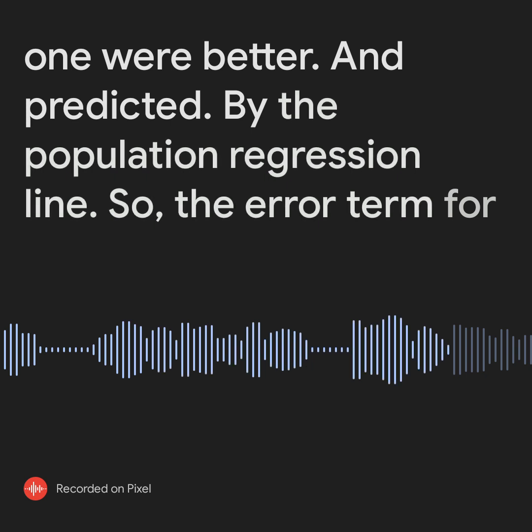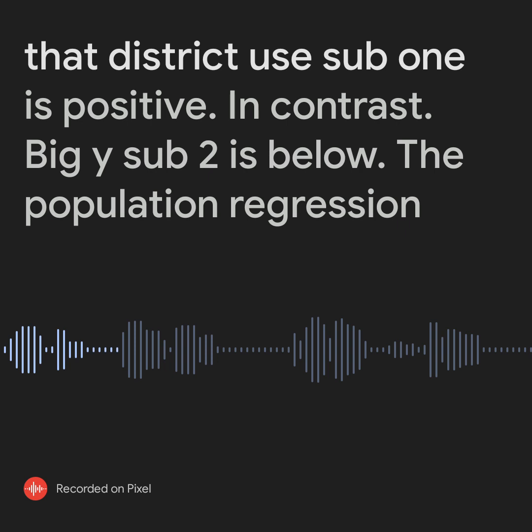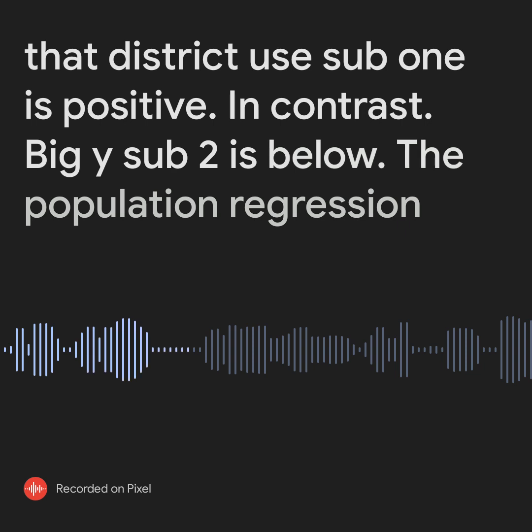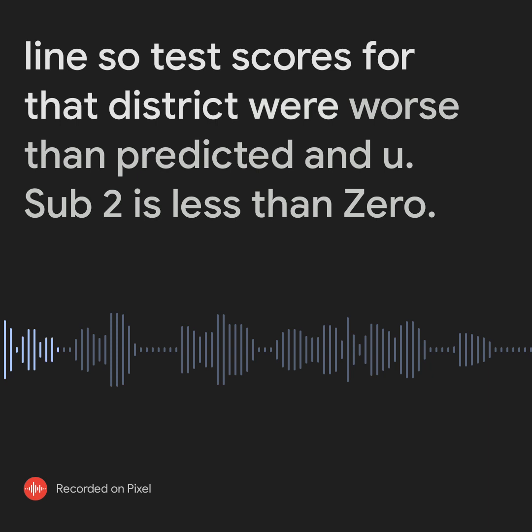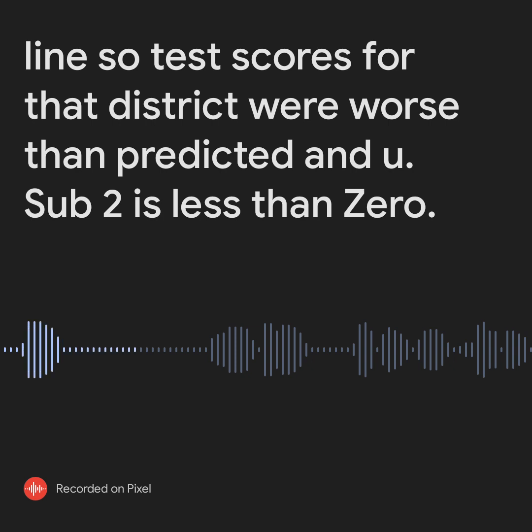So the error term for that district, u sub 1, is positive. In contrast, big Y sub 2 is below the population regression line, so test scores for that district were worse than predicted, and u sub 2 is less than 0.